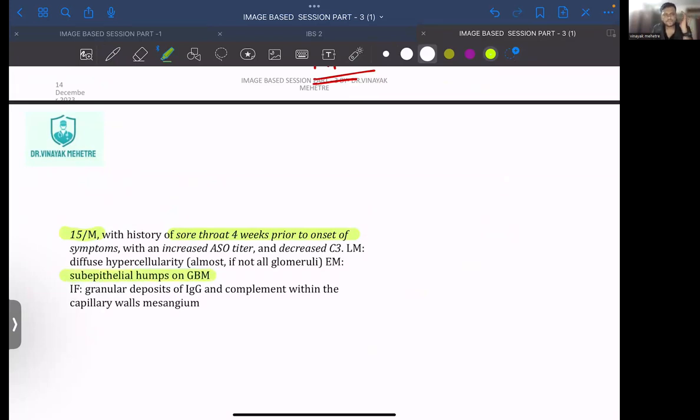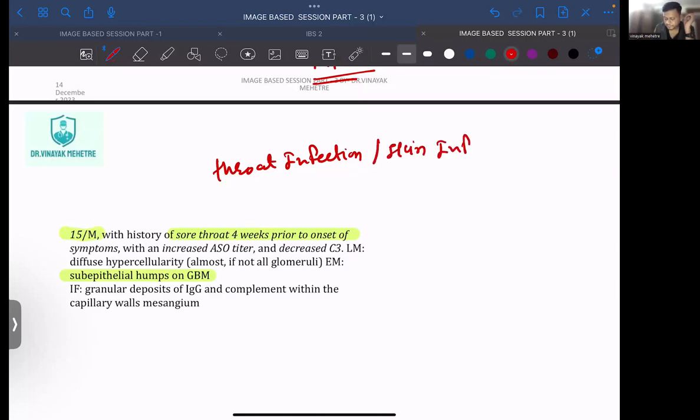Okay, whenever you get a question related to kidney and they are giving the history of throat infection or skin infection, answer is always going to be PSGN, post streptococcus glomerulonephritis.